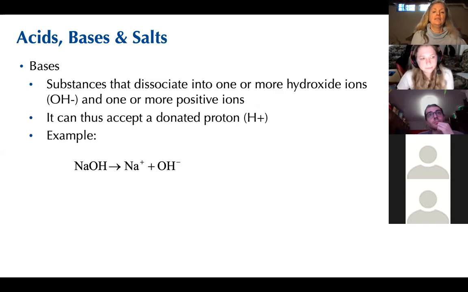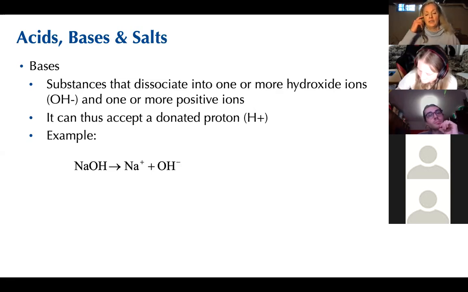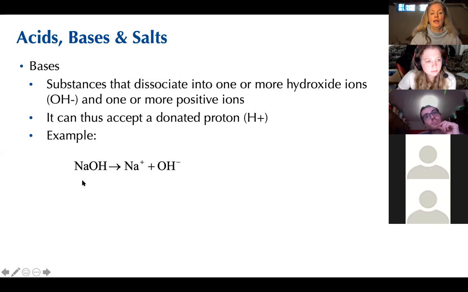Bases are substances that dissociate into hydroxide ions, which are anions, and 1 or more positive cations. Our typical base, sodium hydroxide, breaks apart into sodium cations and the hydroxide ion. The whole point of bases is they can accept that proton.